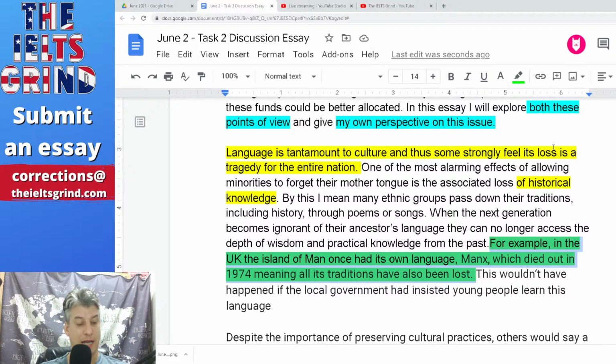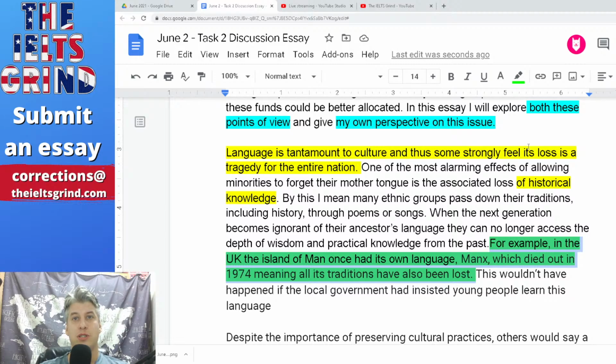Manx, is it a local dialect or jargon? It wasn't jargon, because jargon is more vocabulary to do with, for example, a particular job where you have certain words that mean certain things.